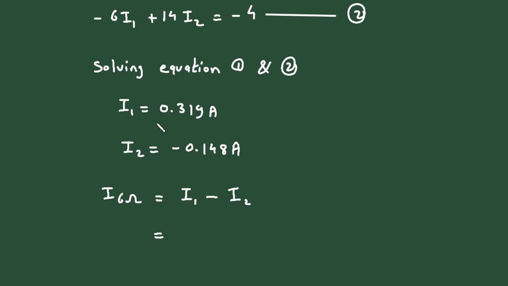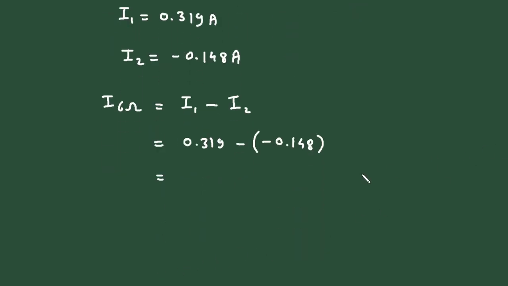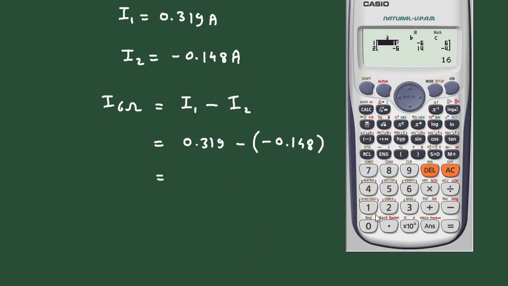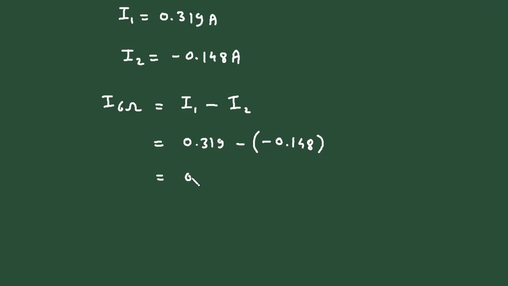So let's simplify this. It will be 0.319 minus I2, and I2 is minus 0.148. So it will be 0.319 minus minus 0.148, so it is 0.467. 0.467 ampere is the value of I6 ohm.